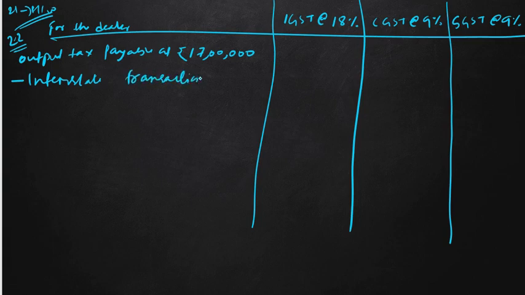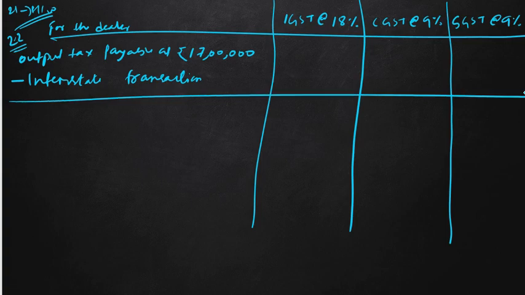This transaction was an interstate transaction. In an interstate transaction, that is, a different state transaction, we have only IGST. So IGST is 18%.